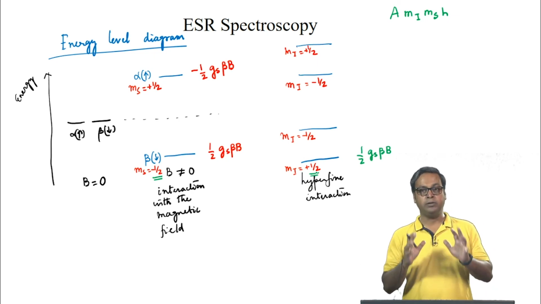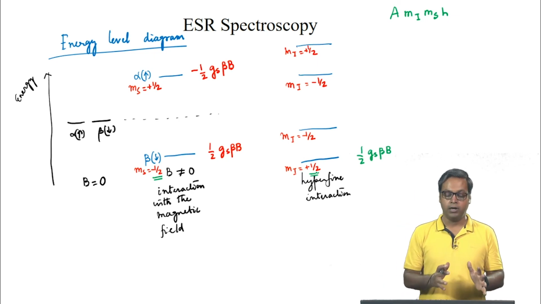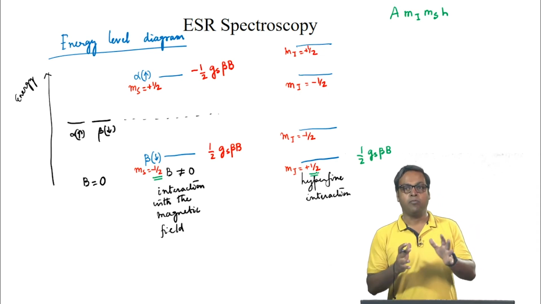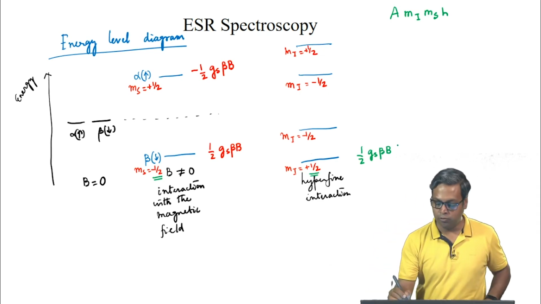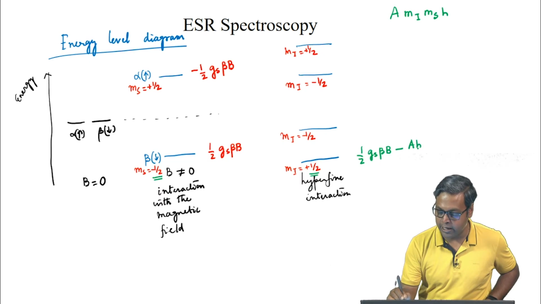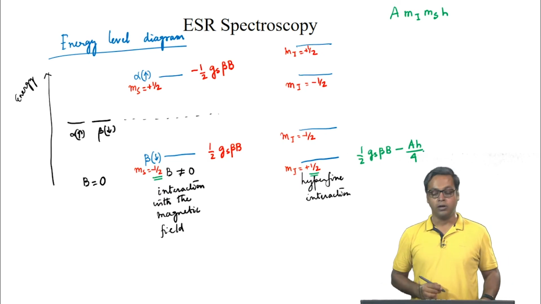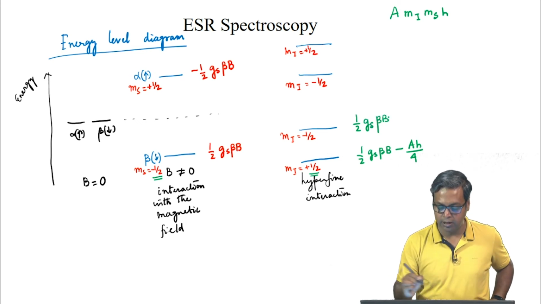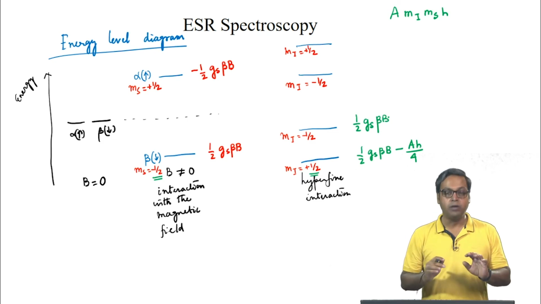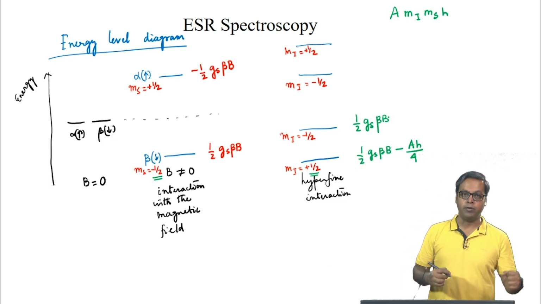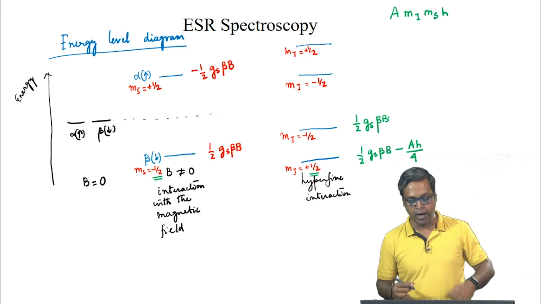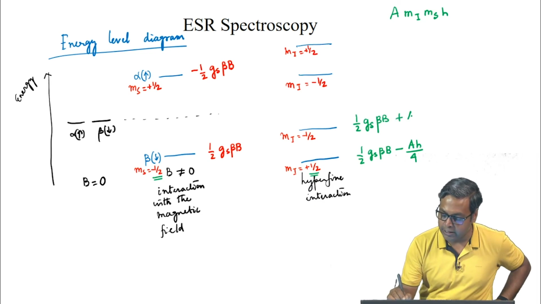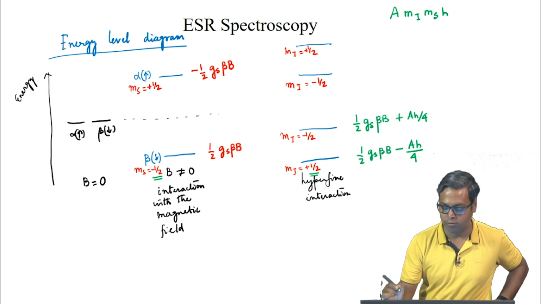So, if I multiply minus half times plus half, we get minus 1 by 4. So, here it is minus A h by 4. Similarly, for this level it is half g s beta B, but now we are multiplying minus half, which is m s, and minus half, that is m I. So, we get plus A h by 4.